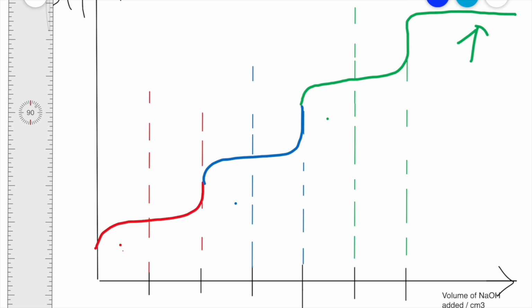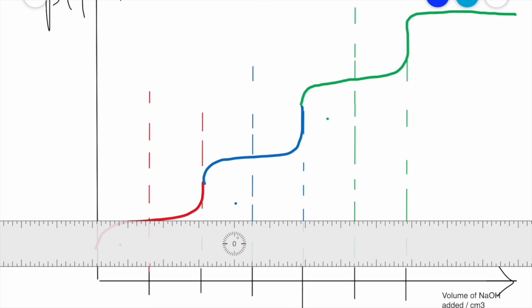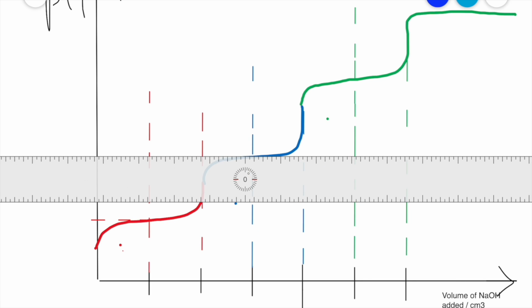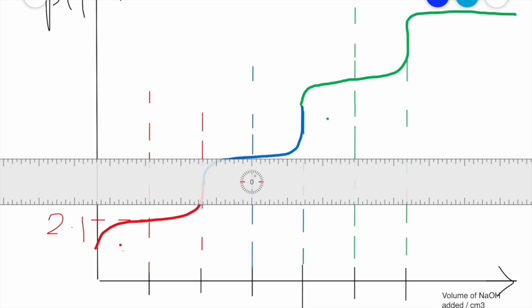The last thing we've got to do is label in the pKa values, which I put in on the page before this. Let's flip this back. This was 2.1.